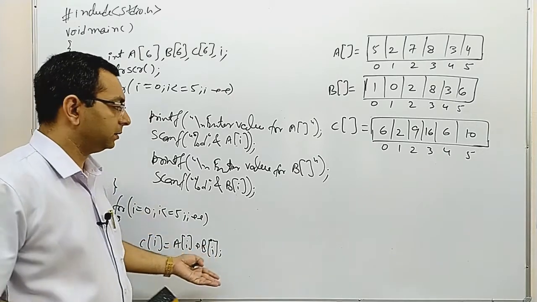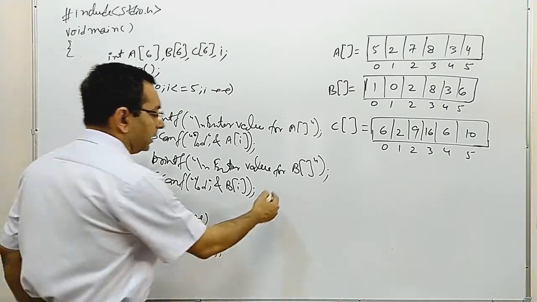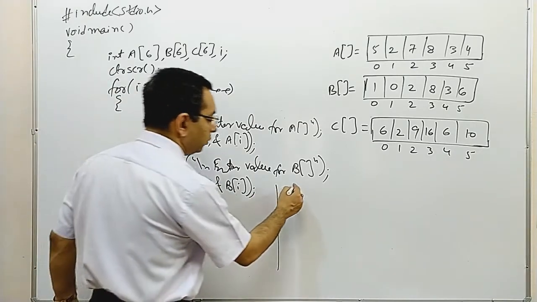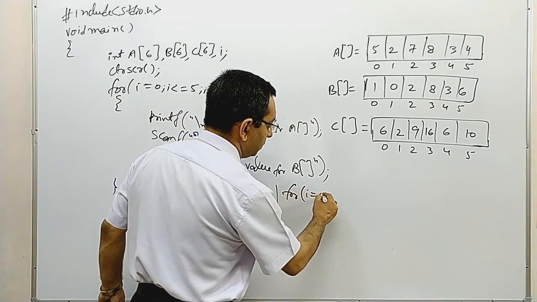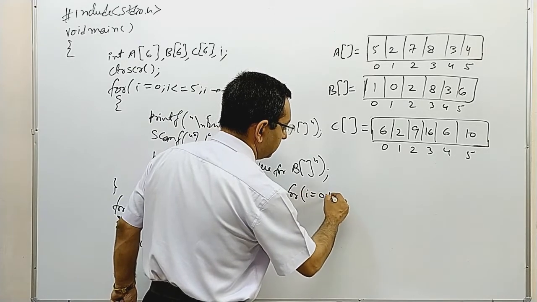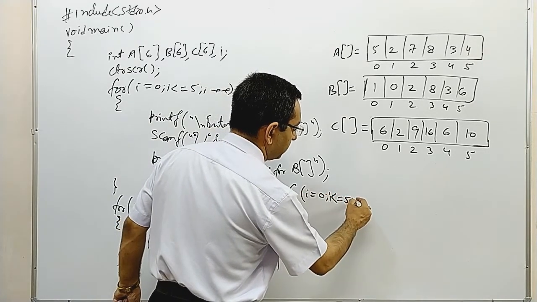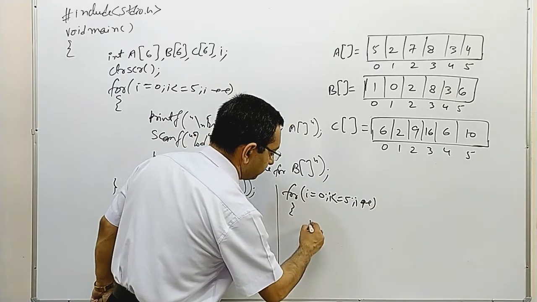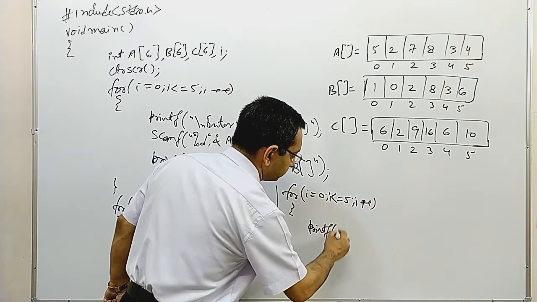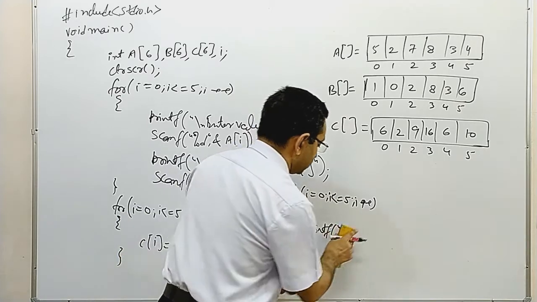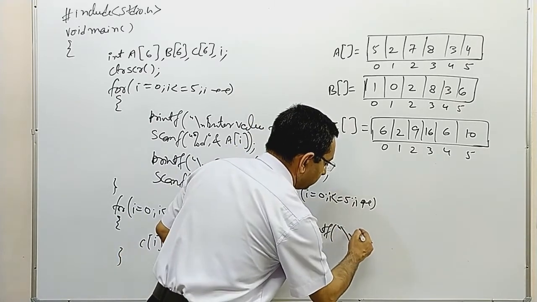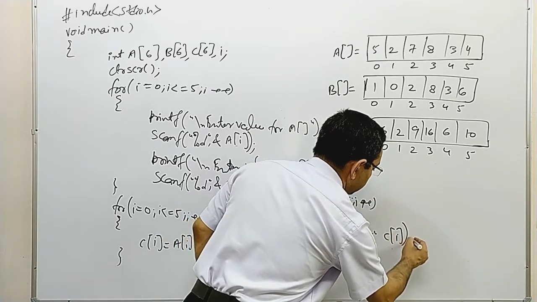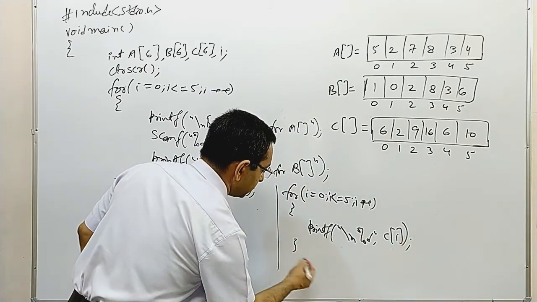Now we have to print the C array. Of course we could print here, but we are taking another loop. I equal to 0, I less than or equal to 5, I plus plus, printf "\n %d", C[I], and that's it.